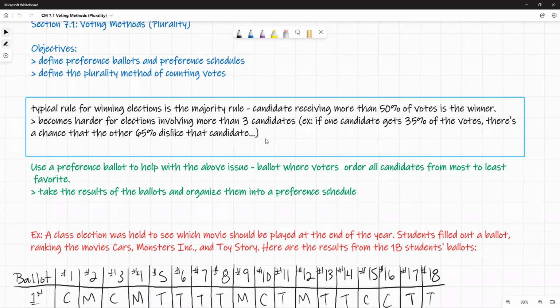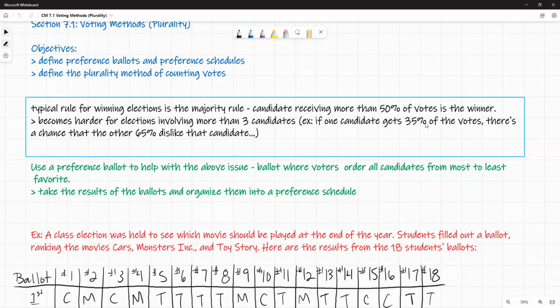Now that criterion becomes harder to use in an election, especially when we have 3 or more candidates. For example, if one candidate gets 35% of the votes among those 3, that means 65% of the population that voted would rather not have that candidate be the winner.